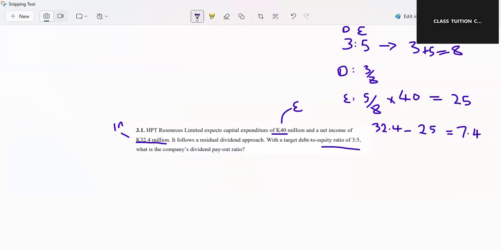Now we're asked to calculate the dividend payout ratio. It is simply the residue income available for dividends out of the total income that we had. So it's 7.4 divided by 32.4 times 100.